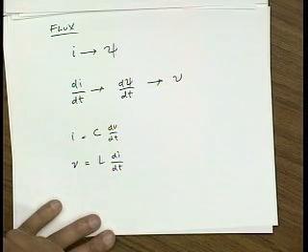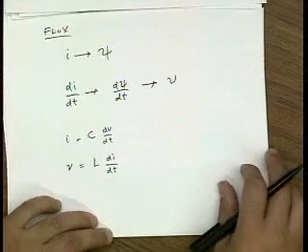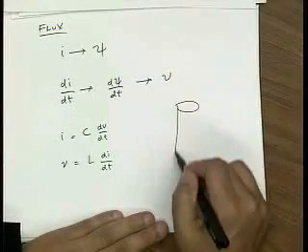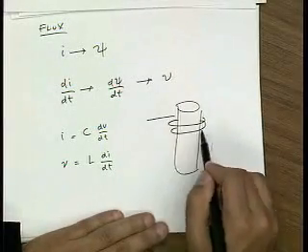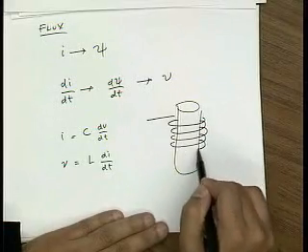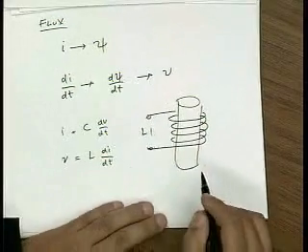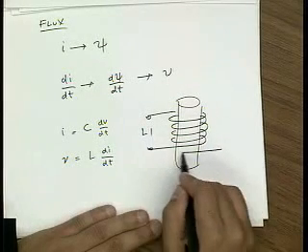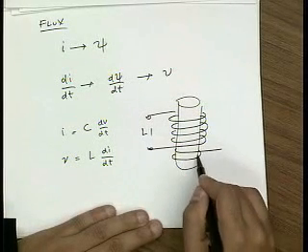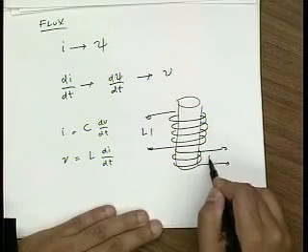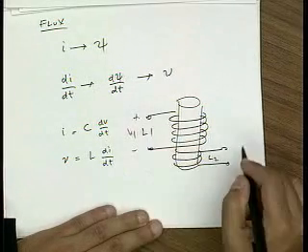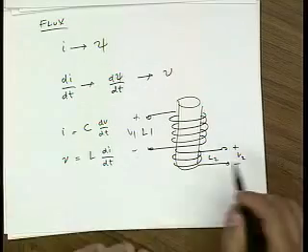Okay. Now, the way this works is, for instance, I can have, let's call this L1, and this L2, V1, V2.